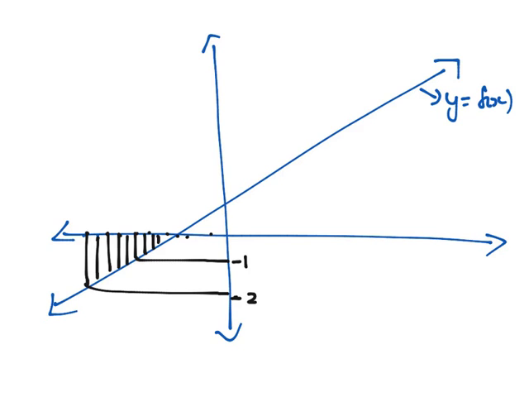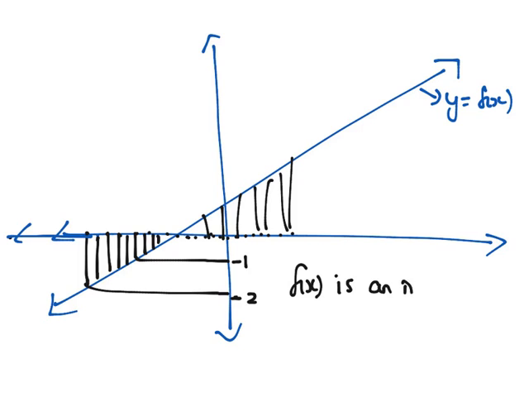So as x becomes bigger and bigger, f of x also becomes bigger and bigger. And this is true throughout the x-axis, isn't it? So I will say that this function f of x is an increasing function. That's all.